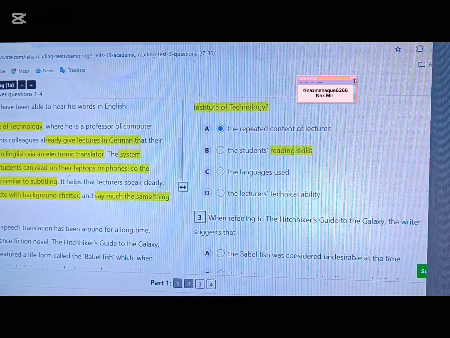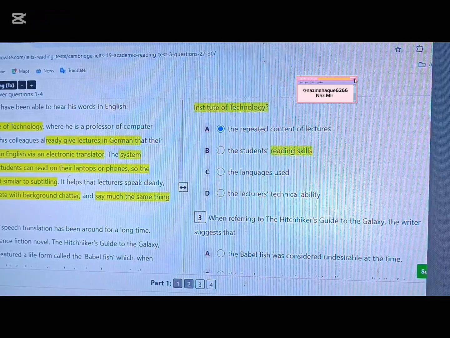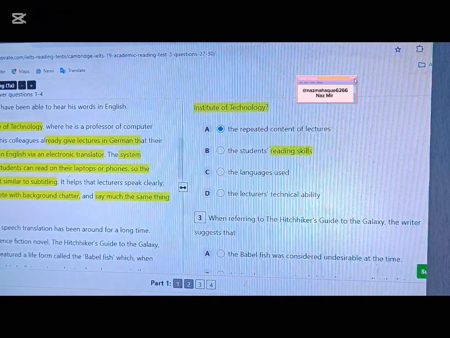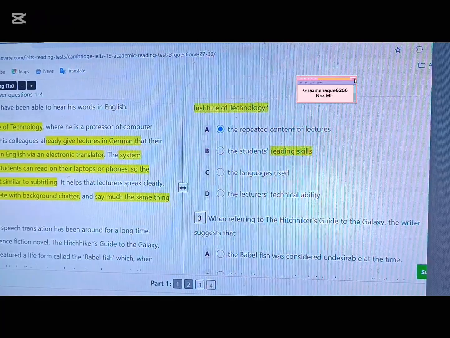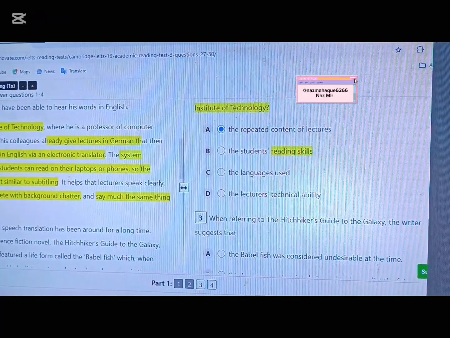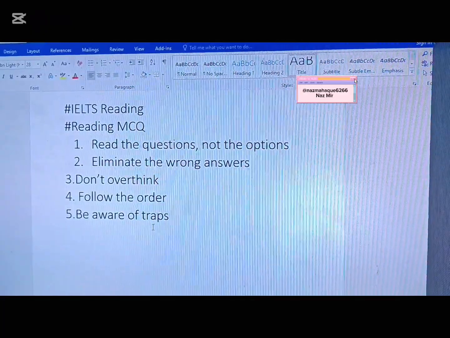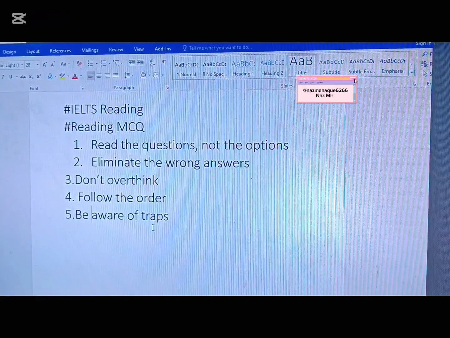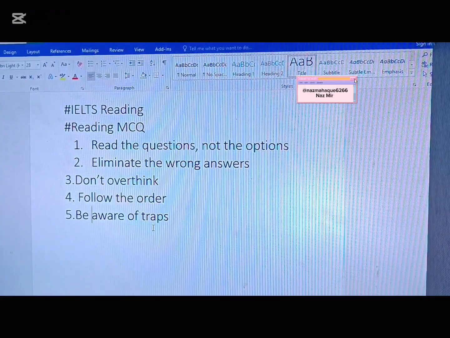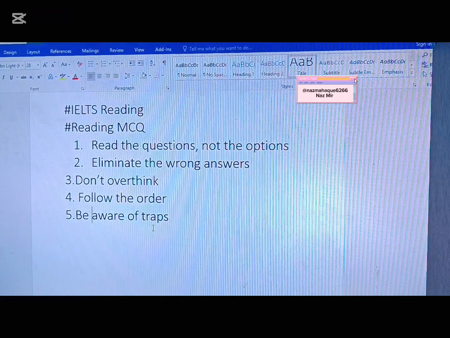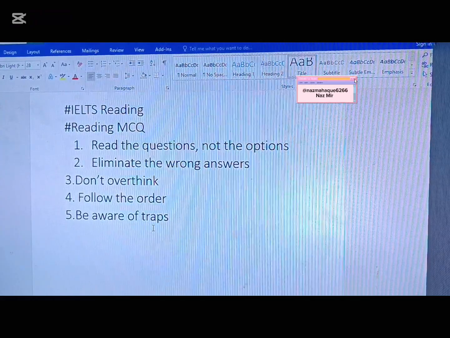So you have to be very careful and understand the overall meaning of the passage or a given paragraph so that you don't fall for these types of traps or tricks. So remember all of the five things that I told you and discussed with you so that you don't miss your marks in the MCQ part.